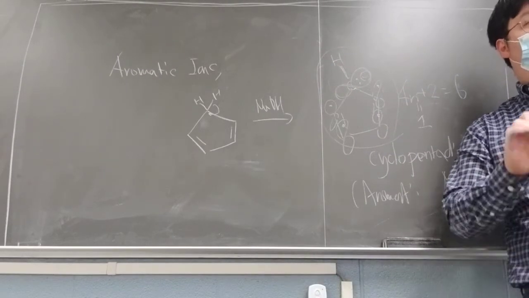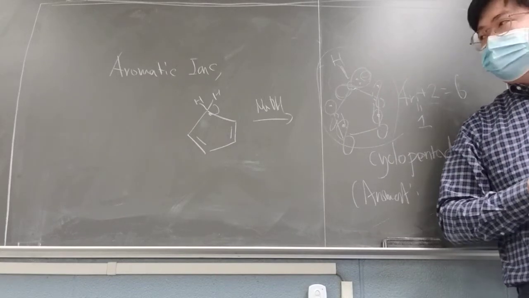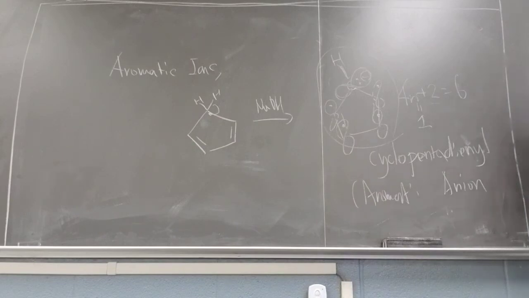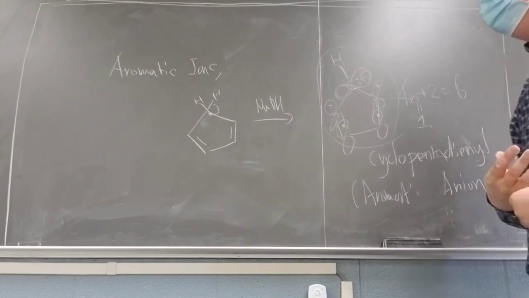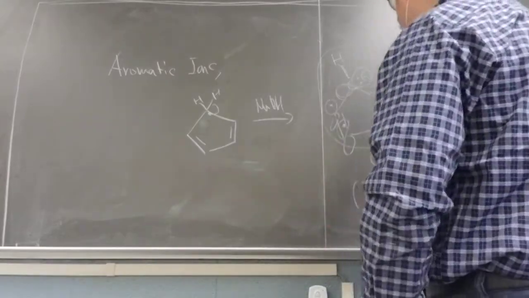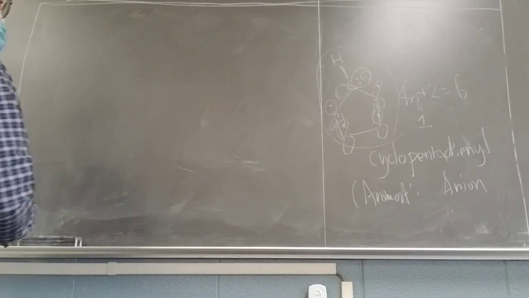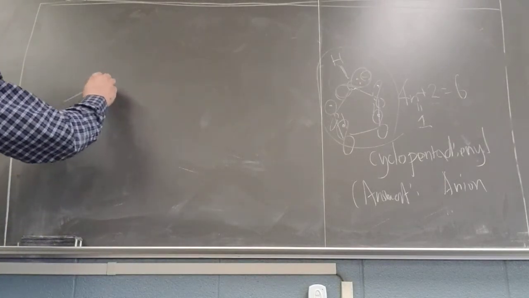It's 6, not 4, because of the lone pair. Does that make sense? Okay, perfect. If that makes sense, we can also look at the other case, that is a cation.